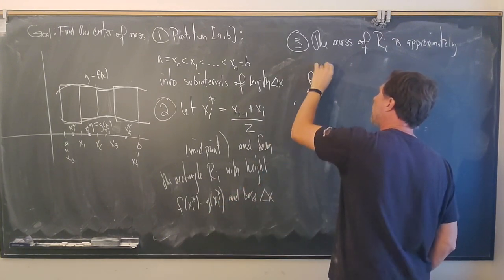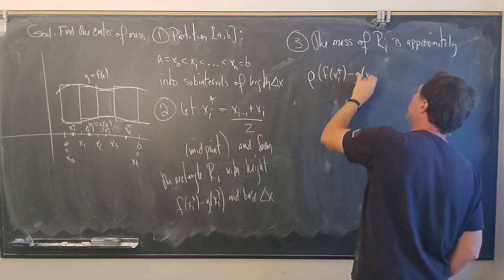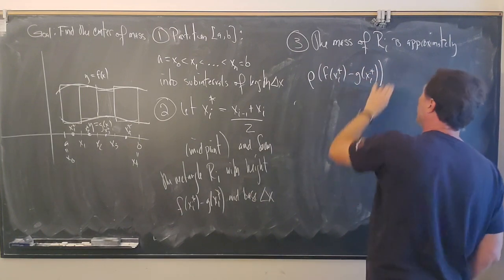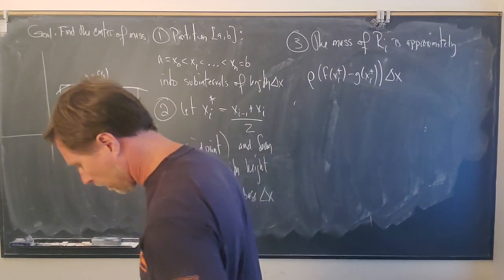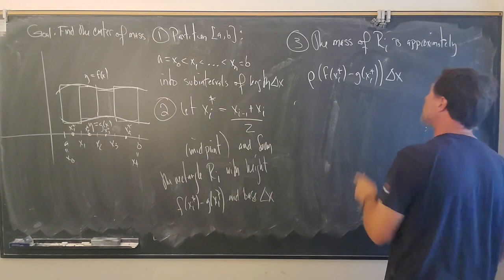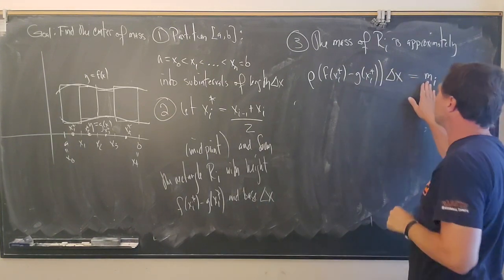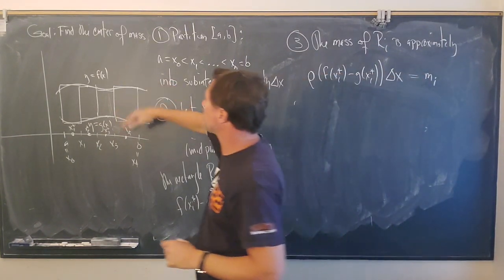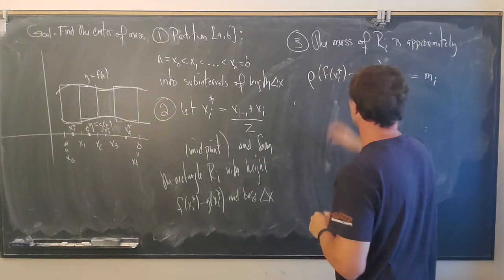So that'll be f of xi star minus g of xi star times delta x. Let's just write that for fun here. Let's call that little m sub i. All right, so the mass within this rectangle is approximately given by this formula right here.